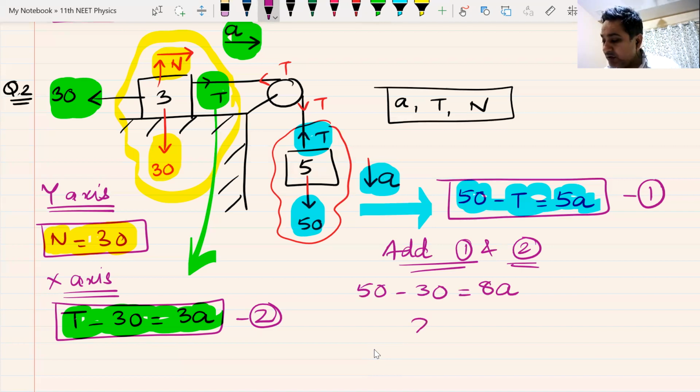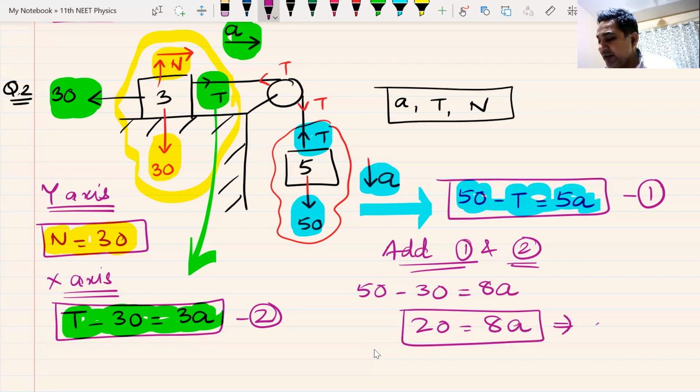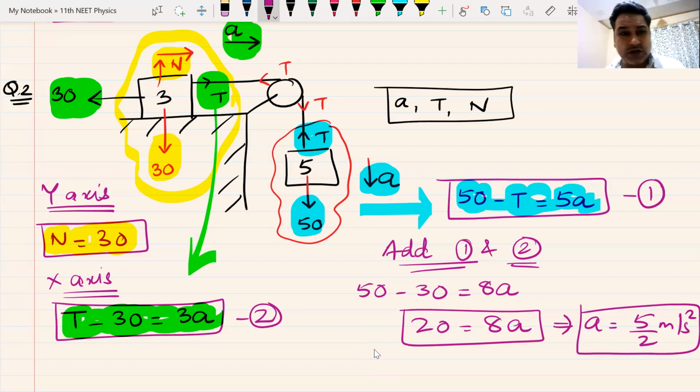So 20 equals 8A, and we have the acceleration. The acceleration becomes 20 by 8, which is 5 by 2 meters per second square. This becomes my acceleration from the two equations.